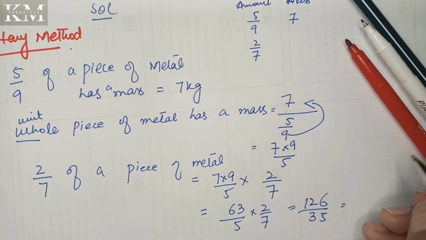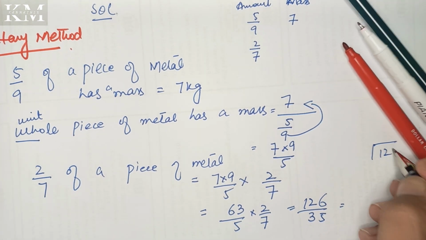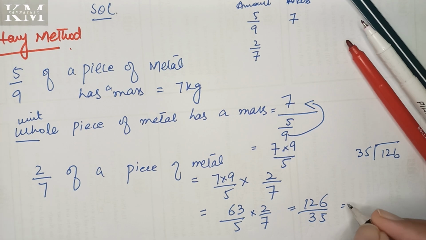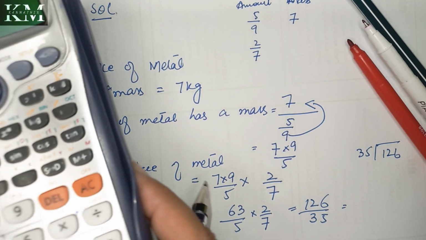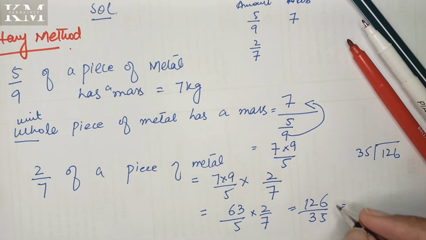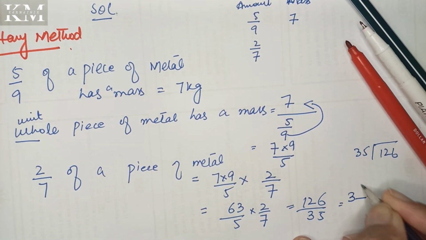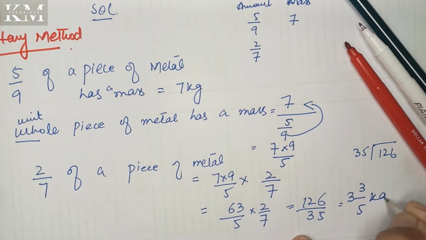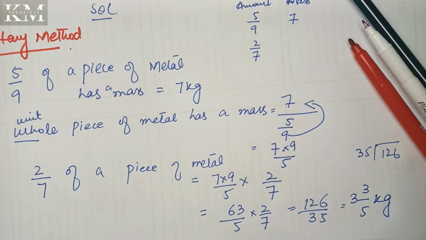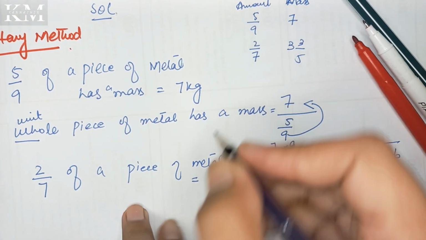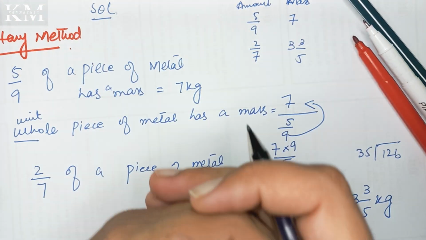Now we divide it, or you can divide it with a calculator as well. After division we get 3 whole 3 by 5 kg. You can see that now we have less mass because the quantity, the amount of the piece of metal is less.